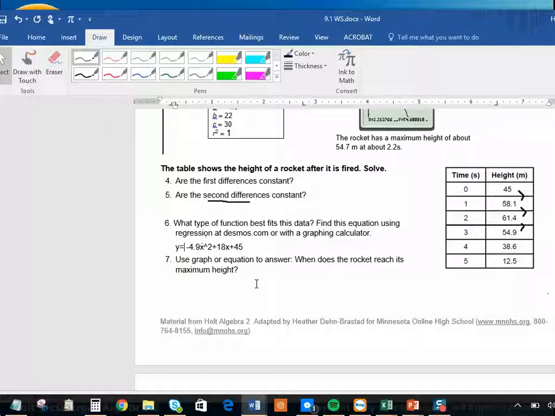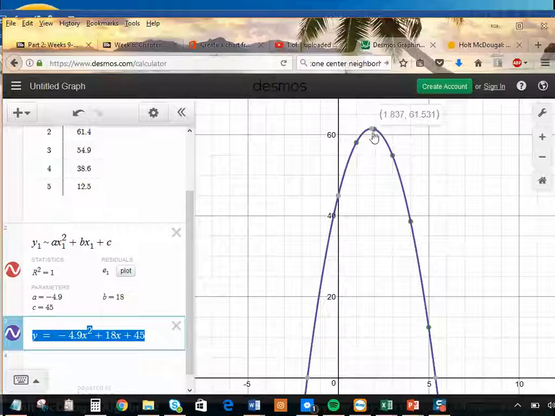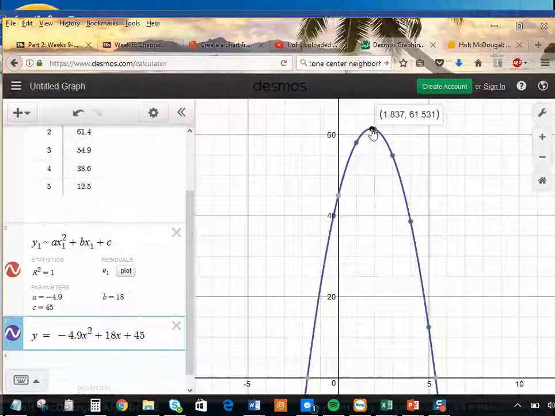And then the question says, when does the rocket reach its maximum height? I'm going to go back to Desmos. Its maximum height is right here. Desmos even put a point there for us. And that's at 1.837 seconds. It reached its maximum height of 61.531. Is this in meters or feet? Whatever it was.